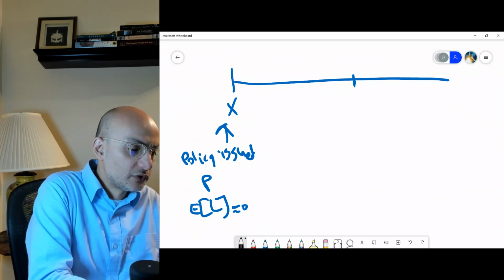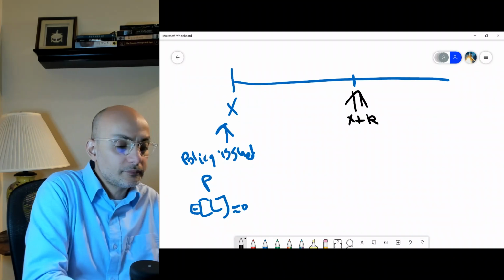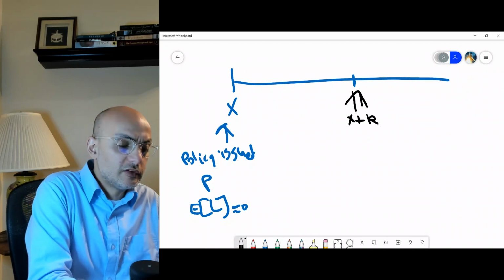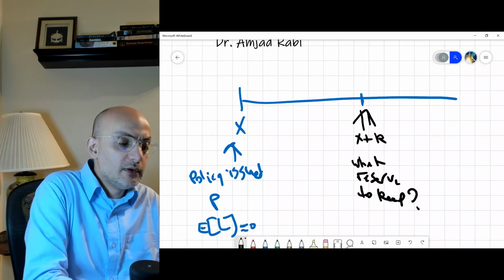Now we move forward. We are now here at X plus K. The question we wanted to see: what is the level of reserve? What reserve to keep? As I mentioned, there are two methods.